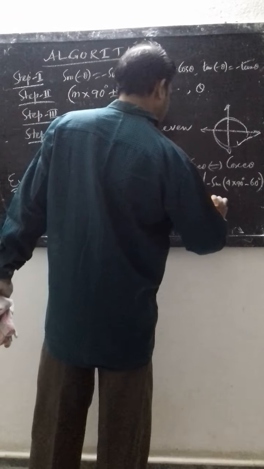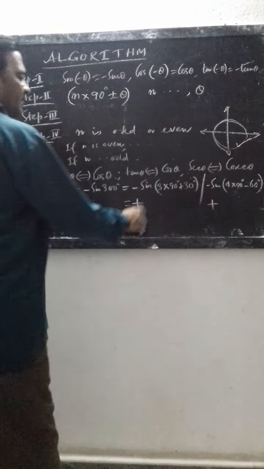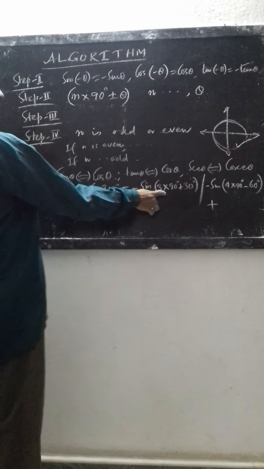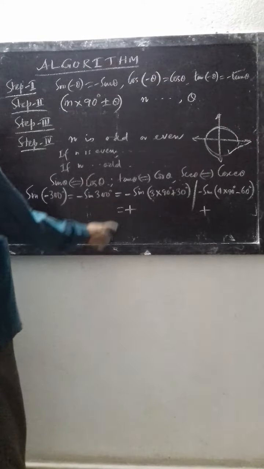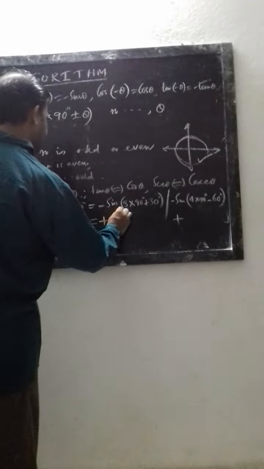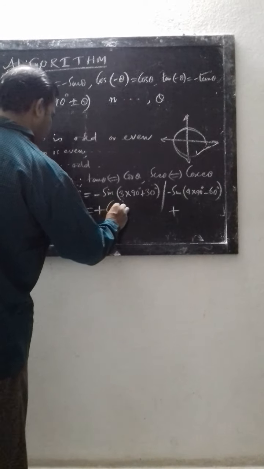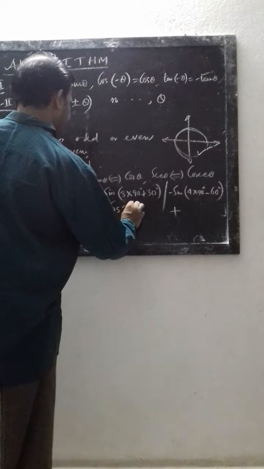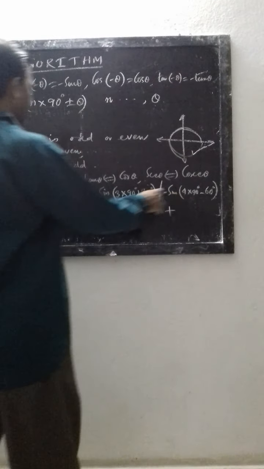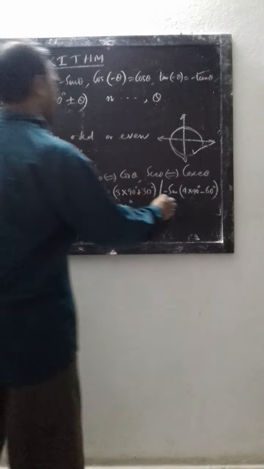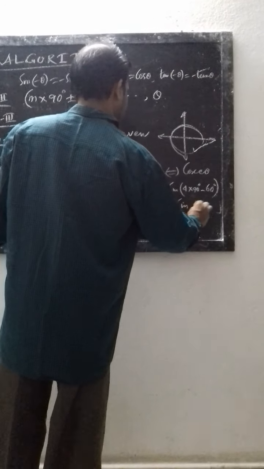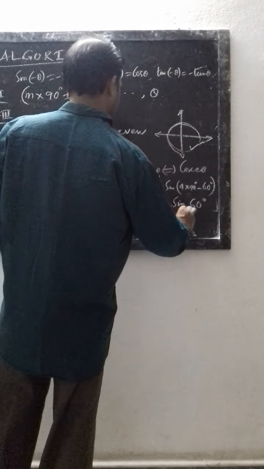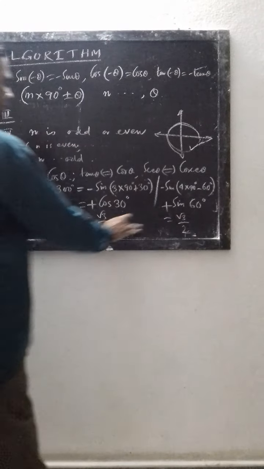This sign also changes, that is plus. Now step 4. In the first case, n is odd, so sin changes to cos, and the acute angle is 30. Again, n is 4, that is even, so sin 60. This is equal to root 3 by 2, and this is equal to root 3 by 2.